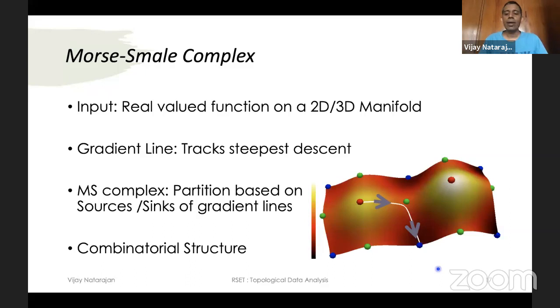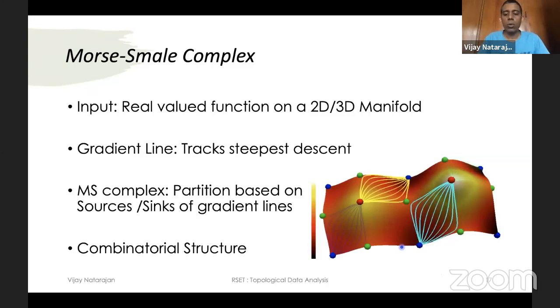I collect all gradient lines, all such white lines. I call them lines, but they are not straight lines, they are curves. The term line is meant to represent curves in any dimension here. These gradient lines have a source and destination. I collect all gradient lines that share a common origin and a common destination.